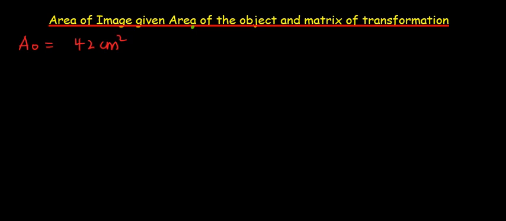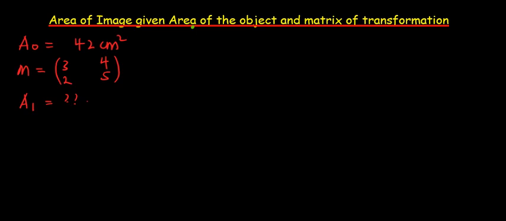A triangle ABC whose area is 42 square centimeters is mapped onto triangle A prime, B prime, C prime by a transformation matrix M, which is equal to 3, 2, 4, 5. Find the area of triangle A prime, B prime, C prime.